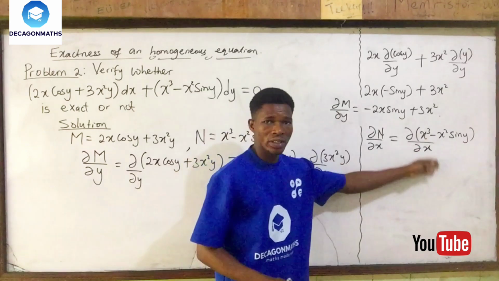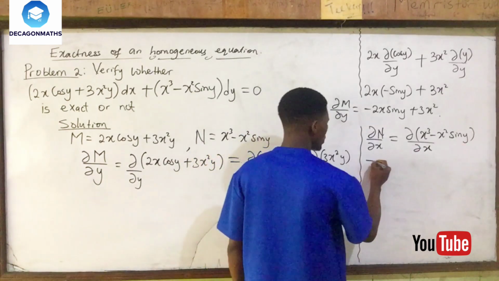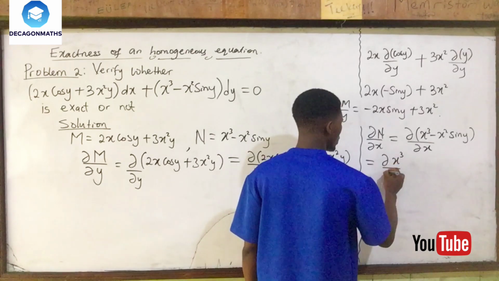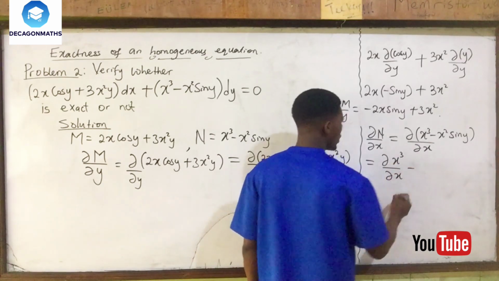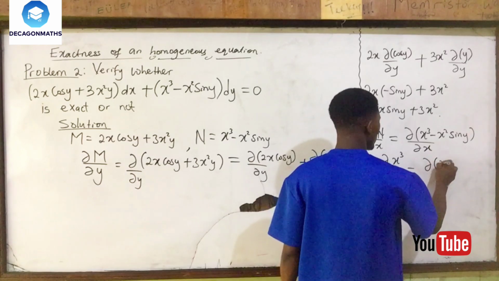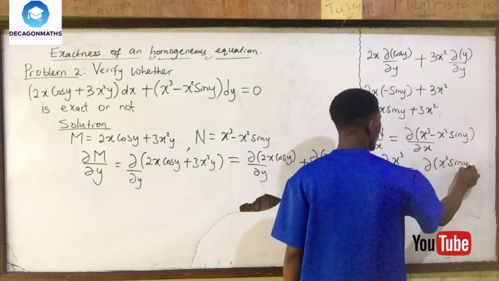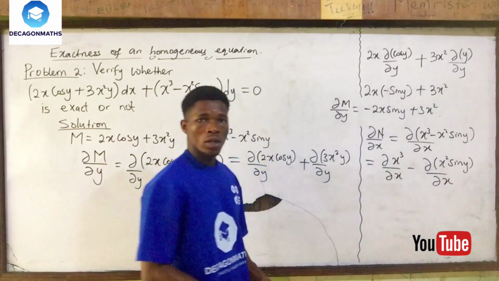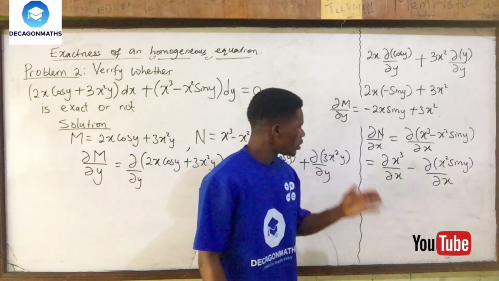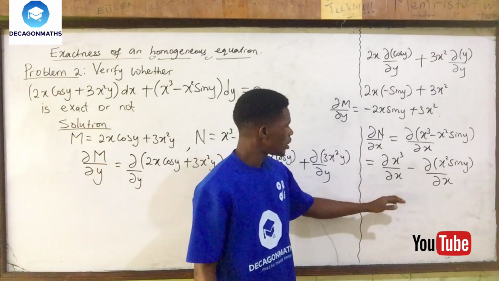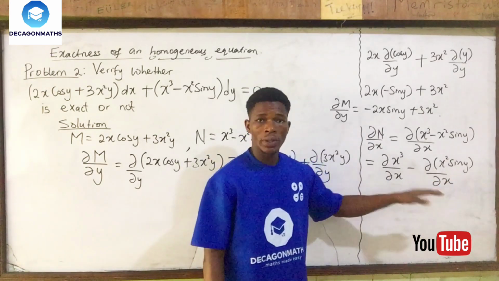We can split it as the partial derivative of x cubed with respect to x minus the partial derivative of x squared sin y with respect to x. Since we are taking the partial derivative with respect to x, any terms of y will be taken as constants.